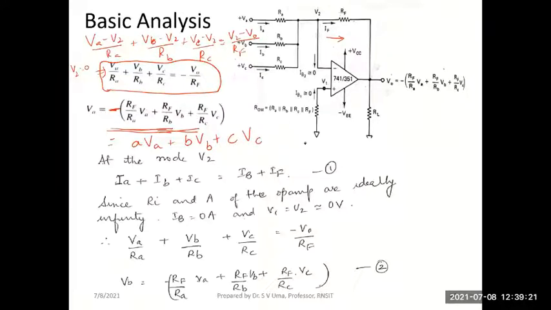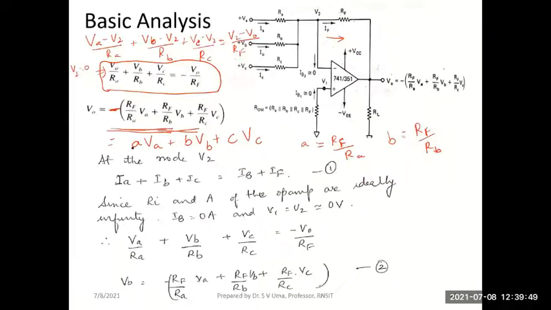Yes or no? A is a constant which is say minus RF by RA, and that negative sign indicates that inputs are given to inverting terminal, therefore we have 180-degree phase shift. So A is the ratio of resistances RF by RA, B is the ratio of resistance RF by RB, so on.